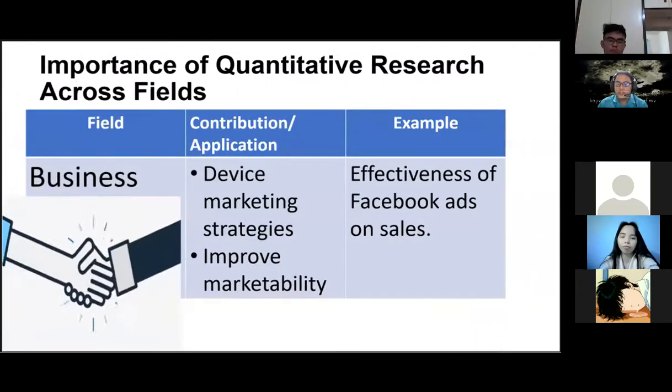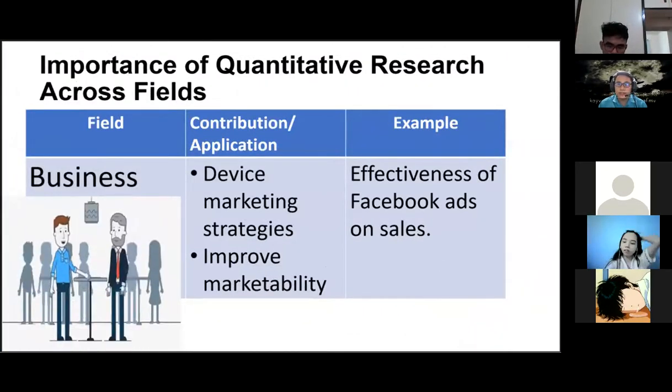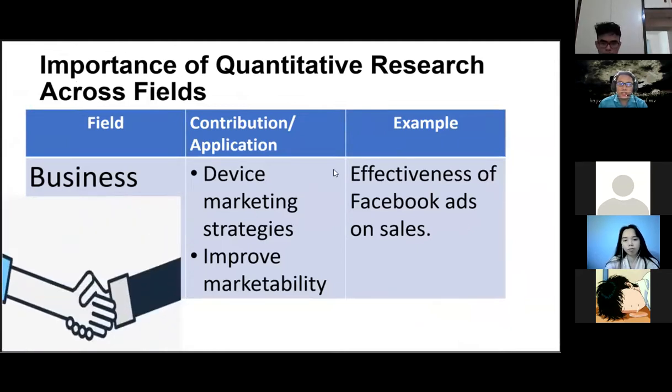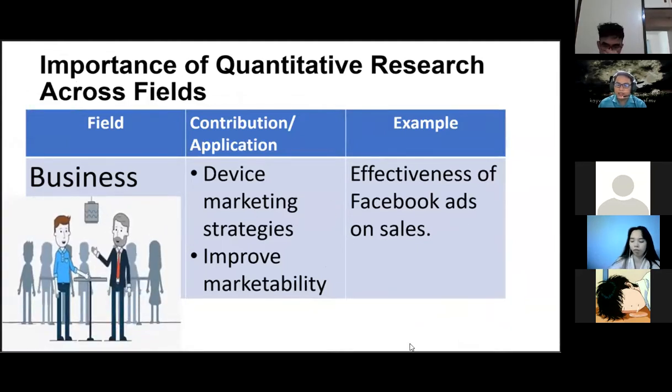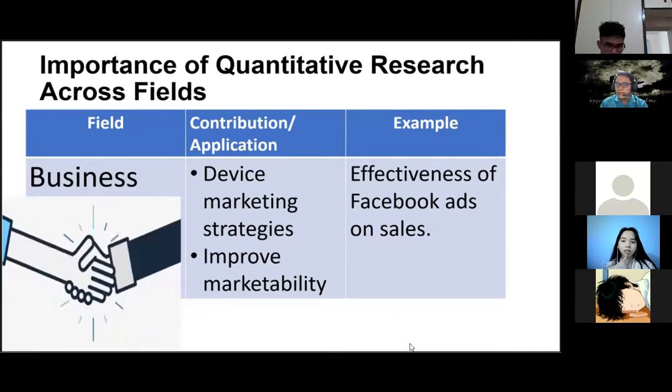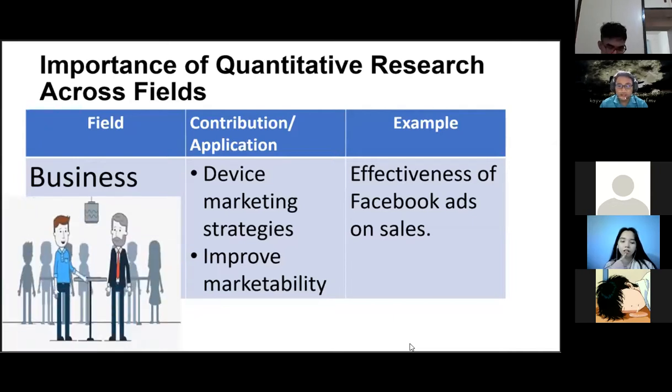All right. So next is in the business field. Of course, research is very important or essential when it comes to business fields. Okay? So ang contribution niya is devise marketing strategies and improve marketability. So kaya nagkakaroon tayo ng mga, what do we call, feasibility study.